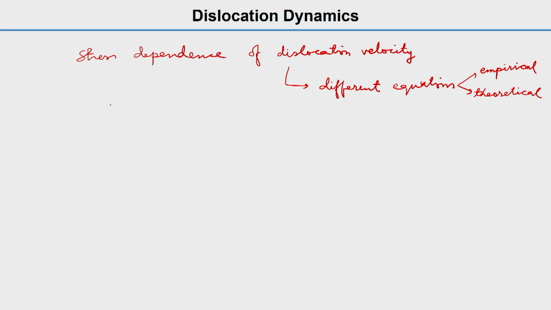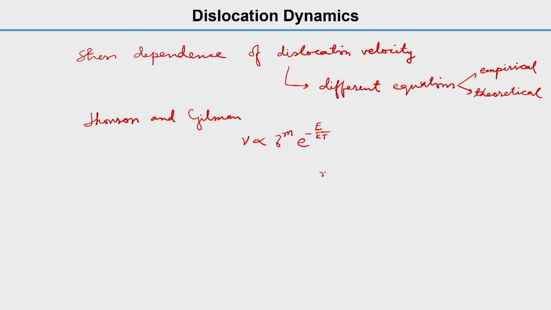So for example, Johnson and Gilman have shown that the velocity of dislocation is proportional to the applied stress to the power m, and exponential minus E by kT.